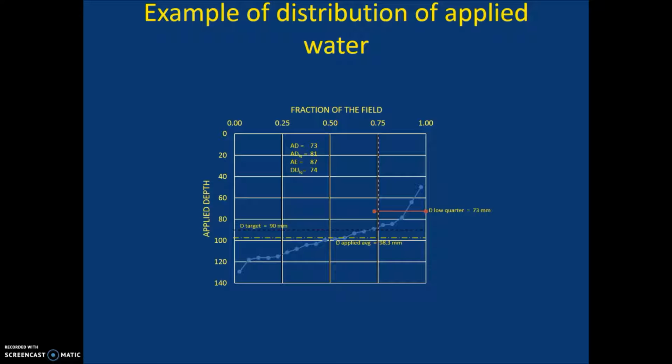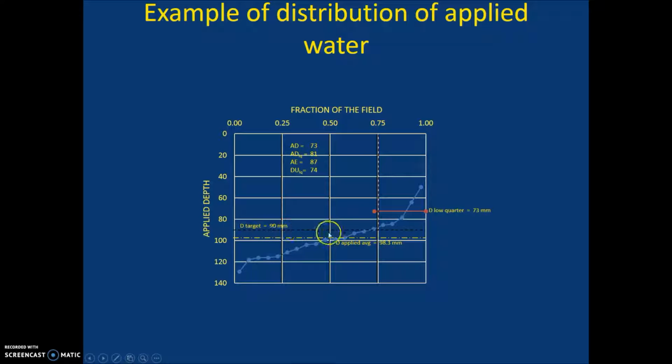This is an example of a distribution of applied water in the field. In the x-axis we plot the fraction of the field, that means fraction area of the field, and in the y-axis we plot the applied depth. We see here in the blue line that the applied depth is as low as around 50 millimeters, and it increases in the different places up to 130 millimeters.